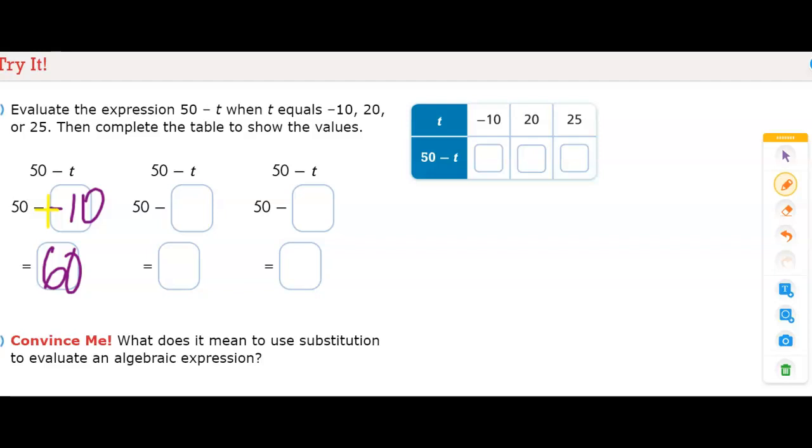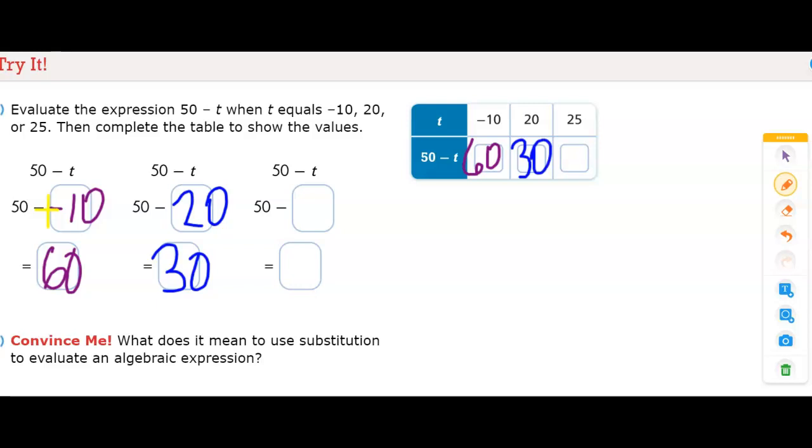And the next value is 20. So let me just add 60 up here. And then we're going to do 20. And 50 minus 20 is going to be 30. And so we're going to put 30 up here.